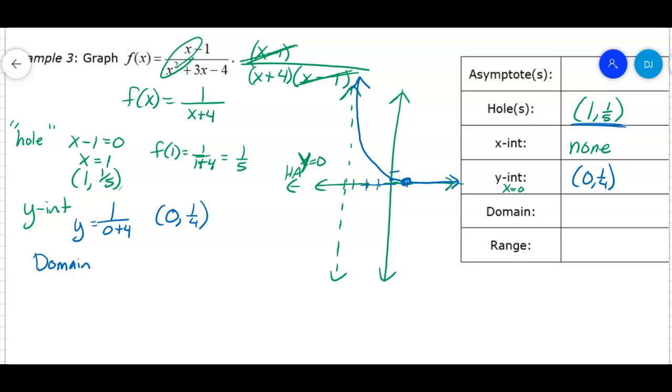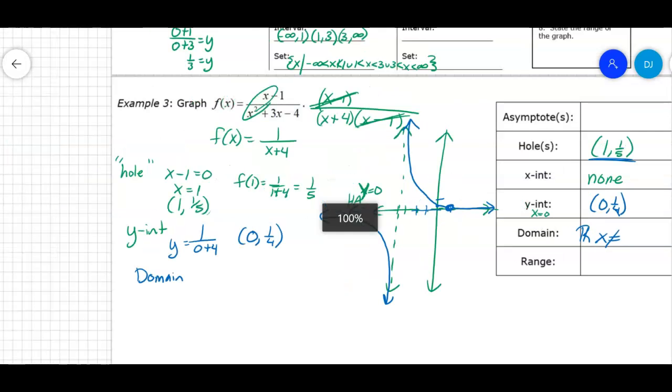Okay, and then on the other side, we're just going to go ahead and kind of sketch what's going on there. And that way it gives us an idea for the domain. The domain is going to be all real numbers, except x cannot equal our holes, which would be +1, or, oh, we forgot to identify the asymptote, which is a vertical asymptote at x equals -4.